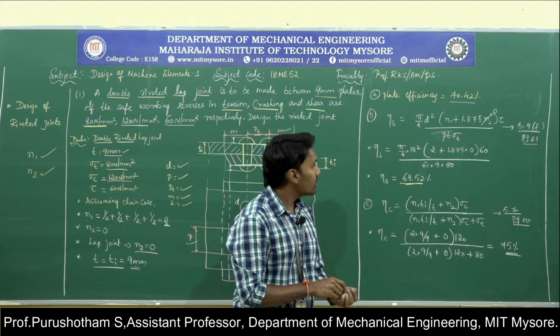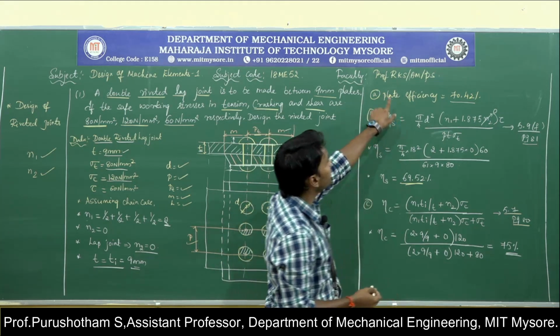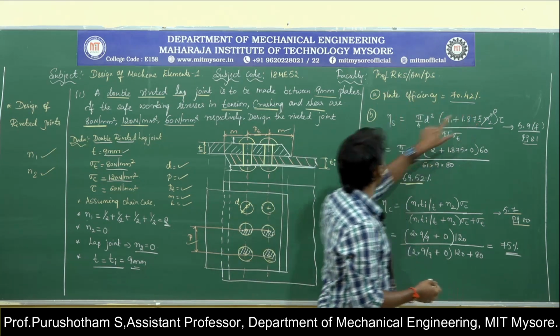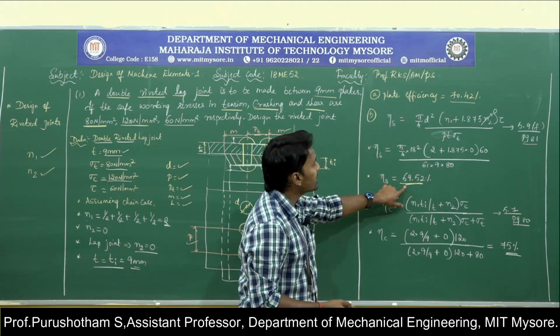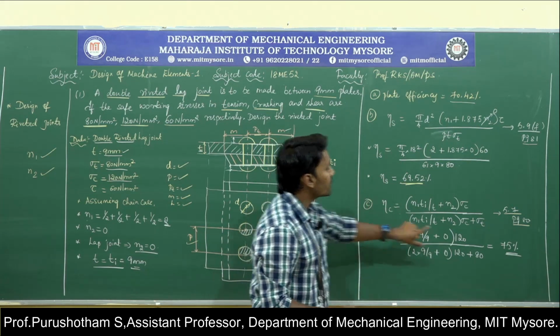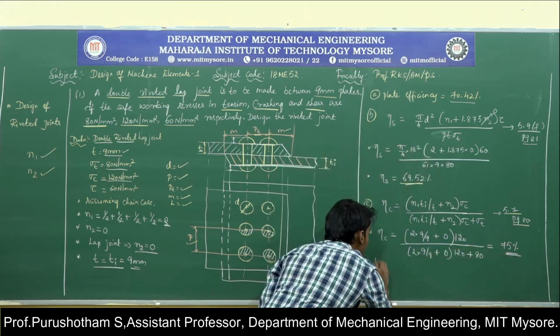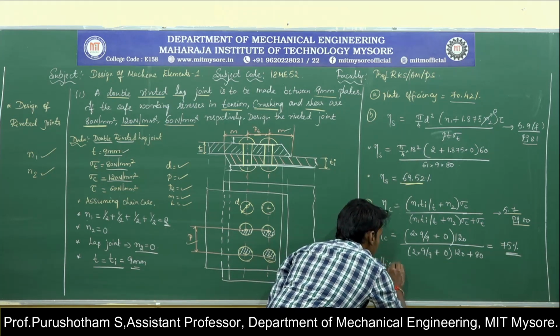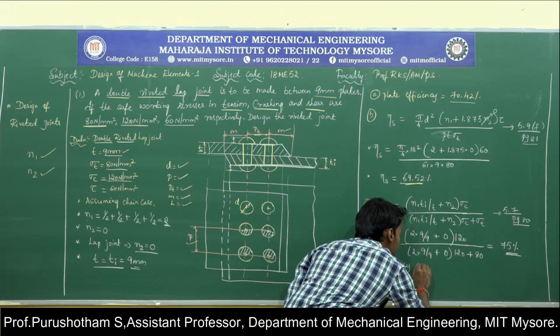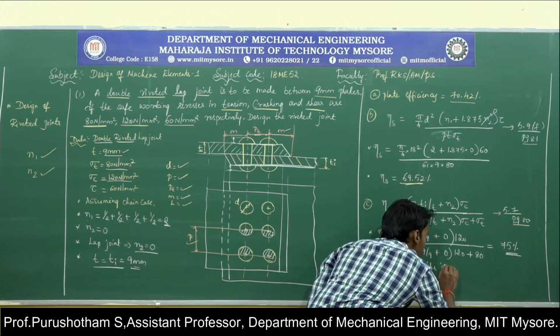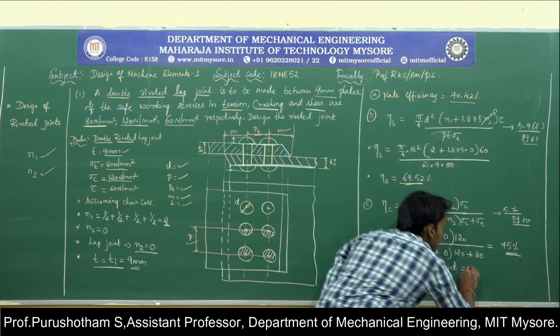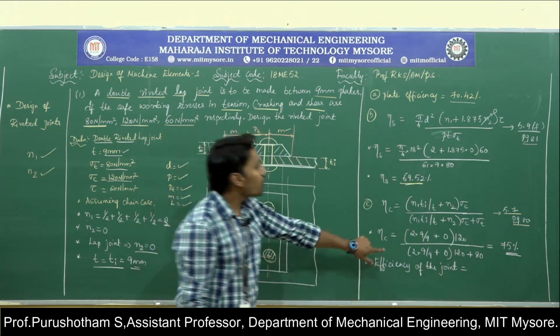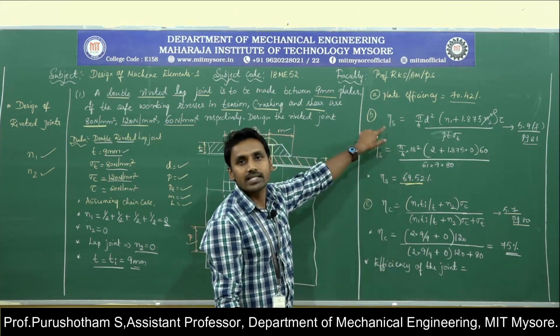So now what we got: plate efficiency is 70.42, shearing efficiency is 69.52, and crushing efficiency is 75. For the efficiency of the joint, we need to take the least value among these three efficiencies.